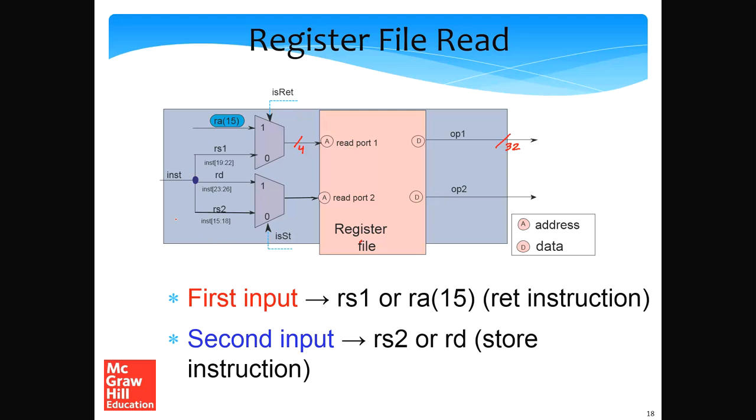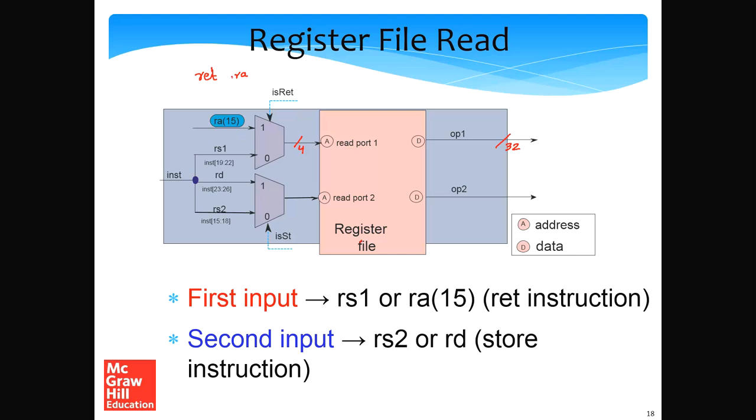So the idea is that given an instruction, we'll have two inputs. Let's consider the first input. In the first input, we'll have either RS1, which is the first source register, or we need to take a look at the ret instruction, the return instruction. What the return instruction does is that it reads the value of the register RA, or register R15, RA or R15, same thing.